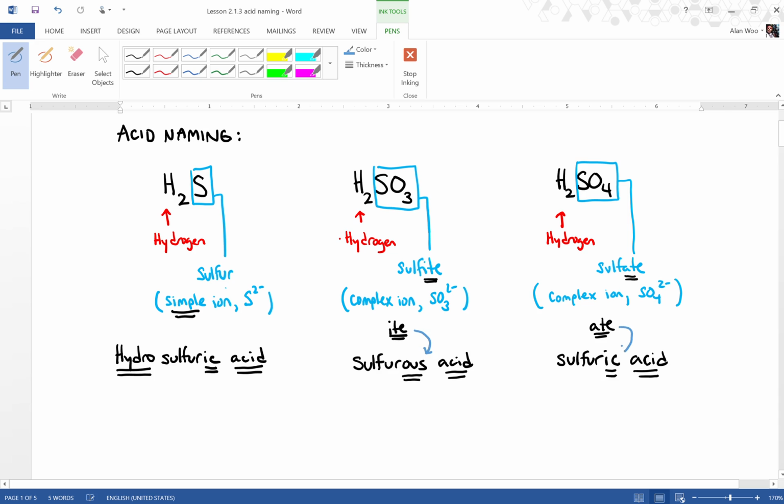ATE gives you an ic acid ending. And if it's simple, you have to use hydro, and it ends in ic acid. So let's give you a couple of examples here. Using similar naming rules, try to figure out the names of these ones.